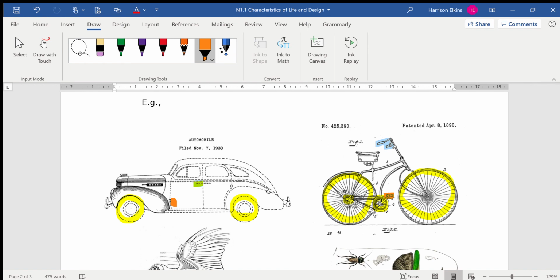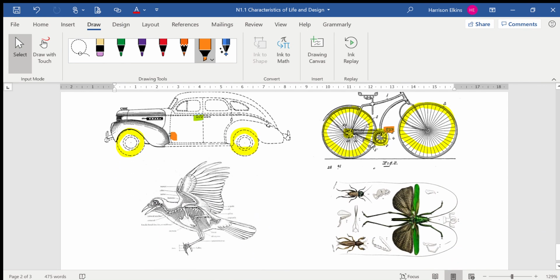So intelligent designers use the same design multiple times. We also see the same thing in biology. Things might look a little bit different, but for instance, here's a wing, and here's a wing. They're different kinds of wings, but they're still wings. We see legs here too. So we see the same design happening multiple times.